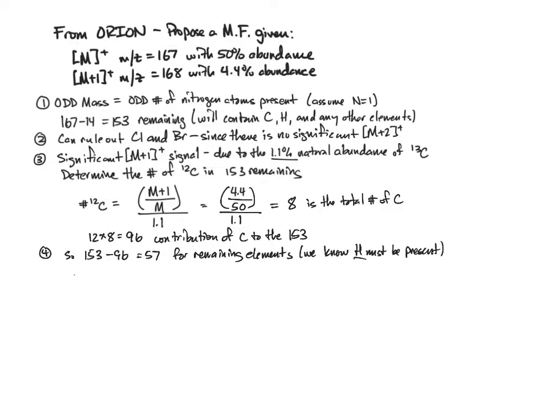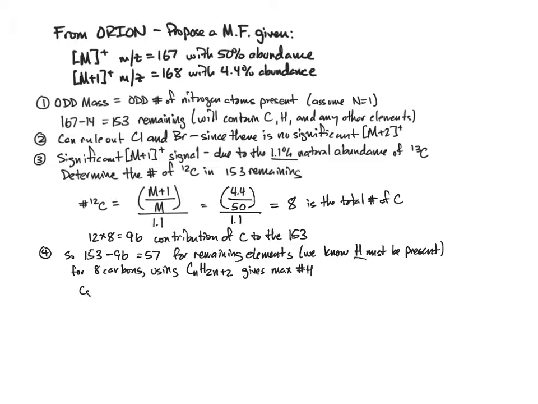So we've been using the alkane saturated formula. So for 8 carbons, using the CnH2n plus 2, that will give us the max number of hydrogens that can be present.